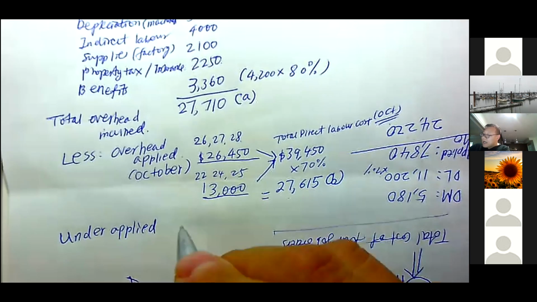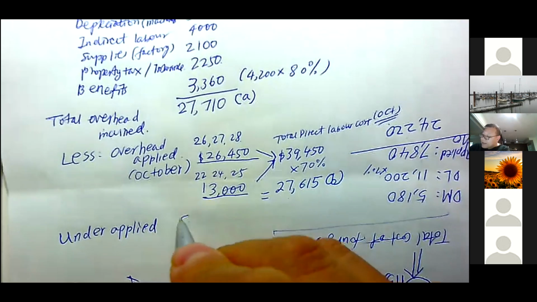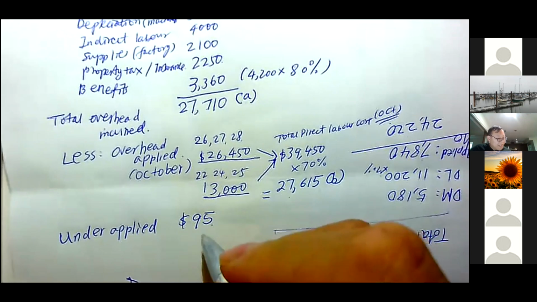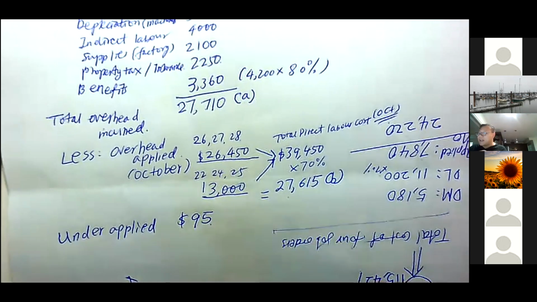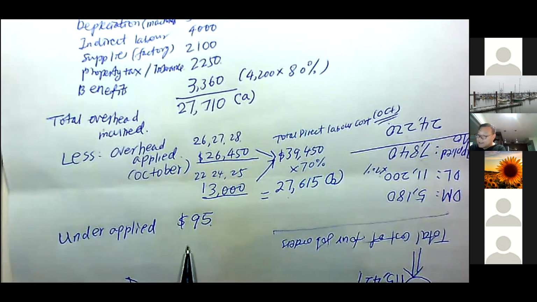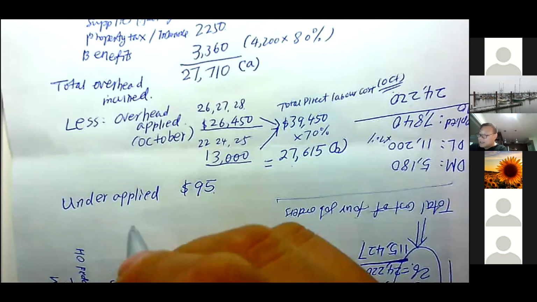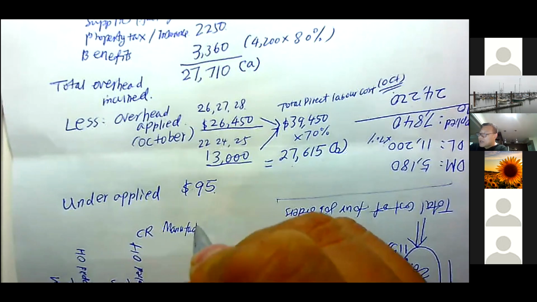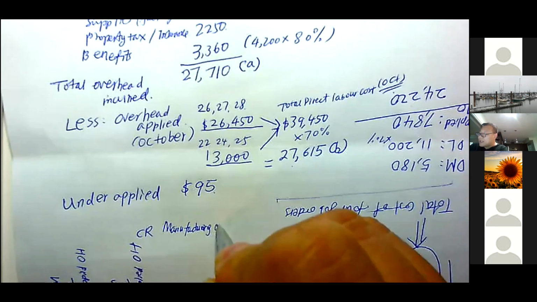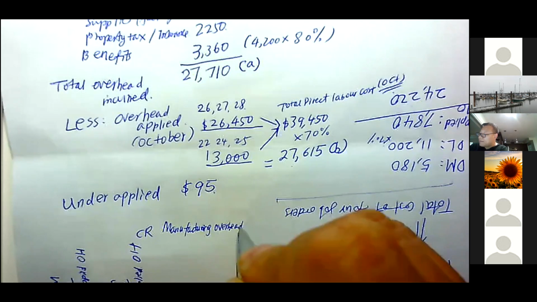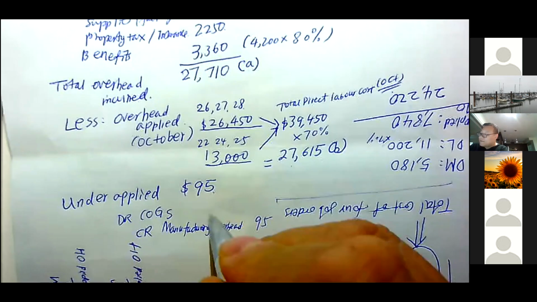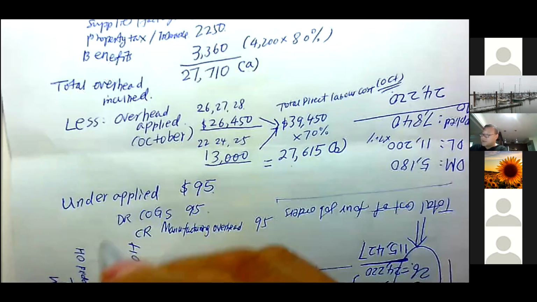So the under applied is $95. And we are using the cost of goods sold method. It's under applied, so I have to credit manufacturing overhead to make it 0, 95, and I need to debit cost of goods sold for 95. So that's my journal entry.